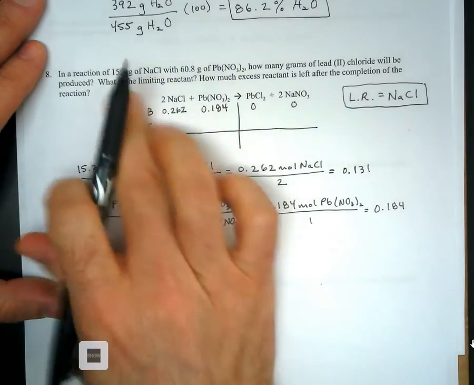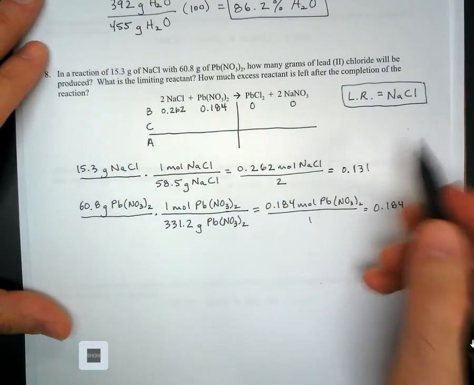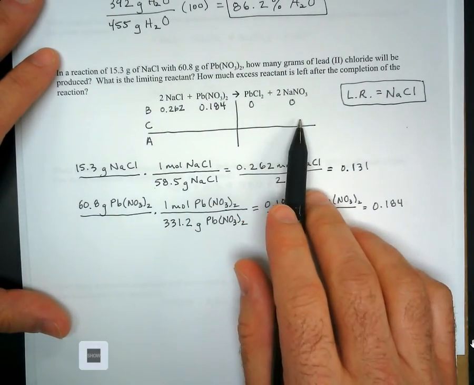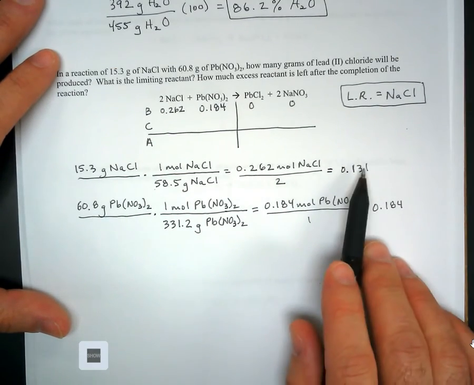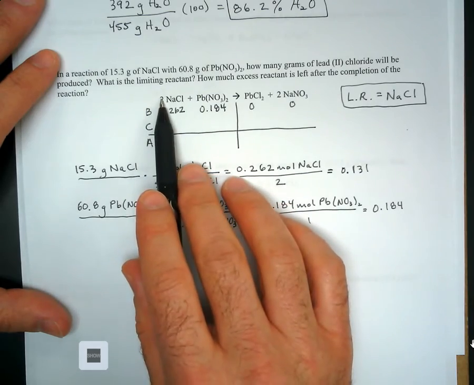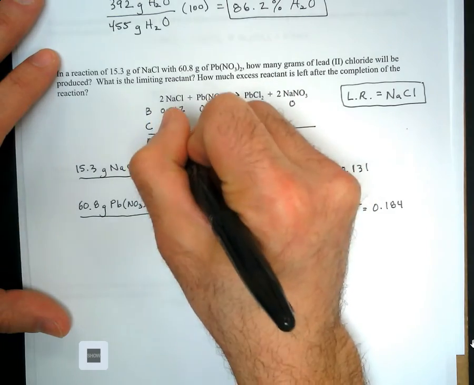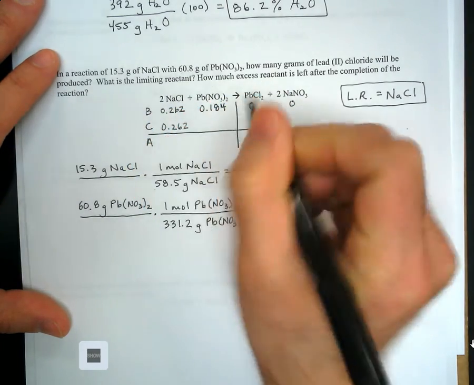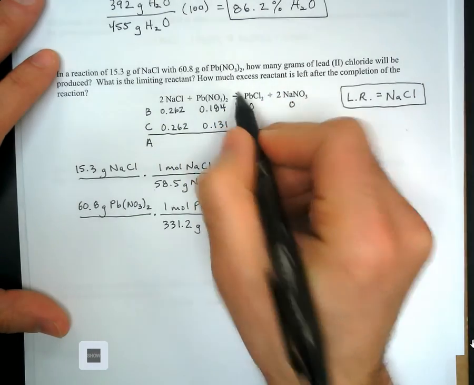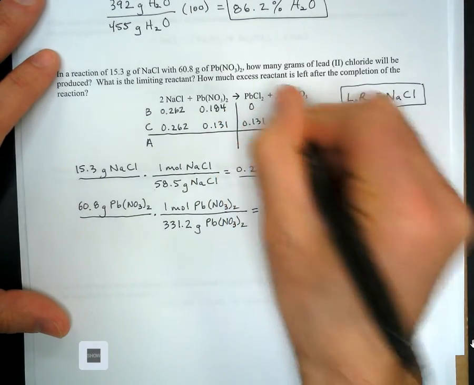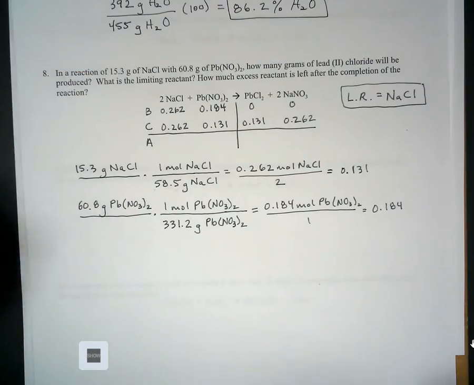So we've done the what is the limiting reactant part. Now to get the other ones, we've got to finish our BCA chart. So to get our change row, you take the smaller number, the one that gave you the limiting reactant, and you multiply it times the coefficient for each one. So 0.131 times 2 is going to give me 0.262, times 1, times 1 and times 2. That's our change row.